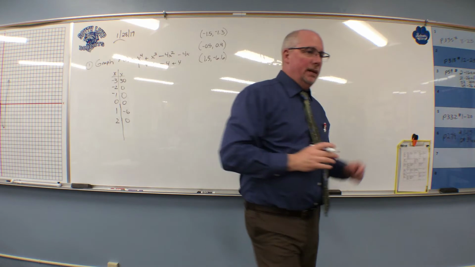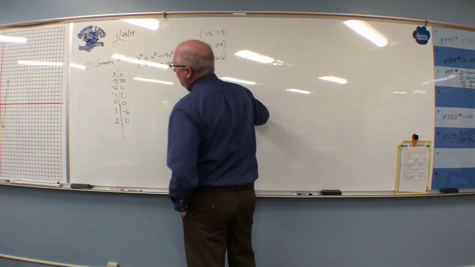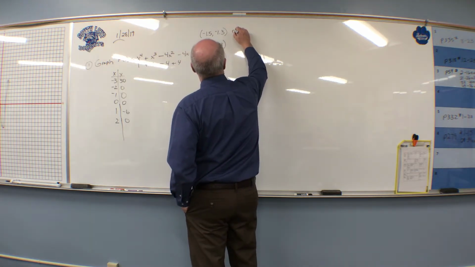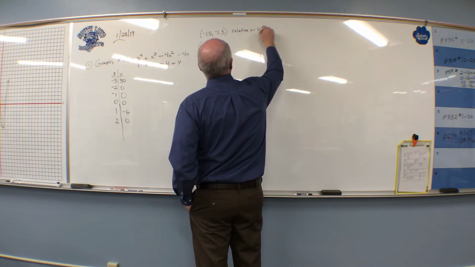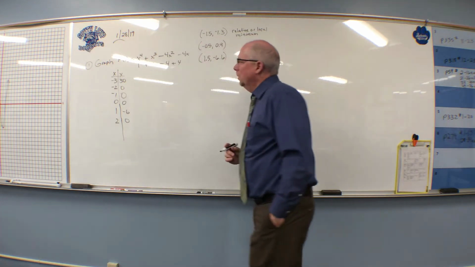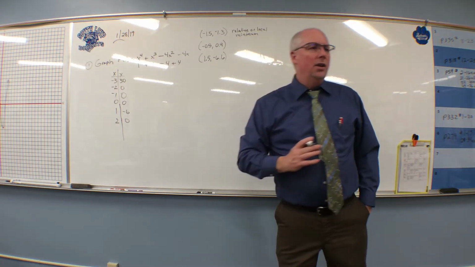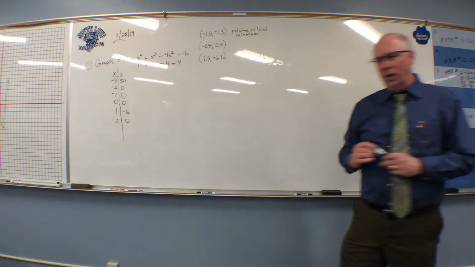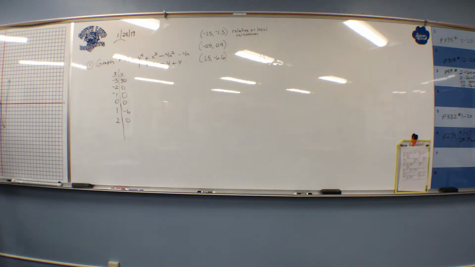They have a certain meaning to us, okay? The first one is what we call a relative or local minimum. It means that its values are low for the area around it. If you take a look here, this is the lowest point compared to the values around it.